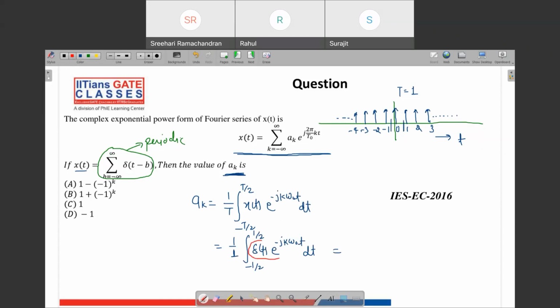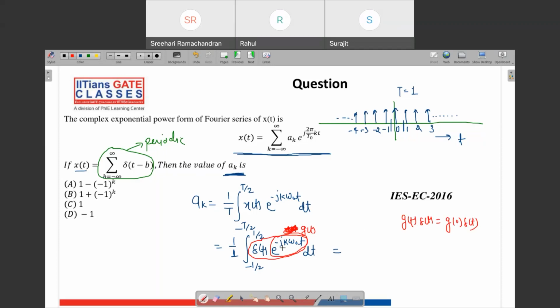So once I use the property of the delta t, you can think of this second signal as x of t, or instead of x of t, let me write it as g of t, let's say. So g of t multiplied by delta of t will become g of 0 times delta of t, right?